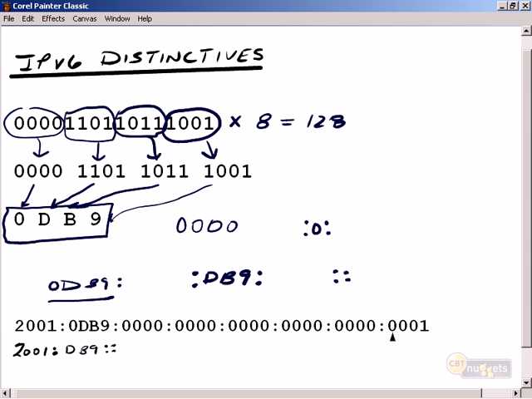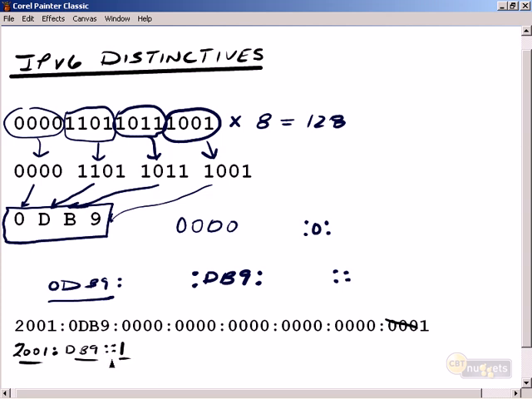And then what do we have here? We have 3 leading zeros, so we can get rid of those and just say 1. Well, you might say, well, okay, this double colon, how do we know how many segments of zeros that are there? Well, it's easy, because we have 1 segment here, we have 1 segment here, and 1 segment here. So the system knows that there's 8 segments, right?